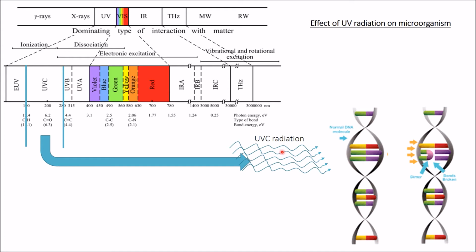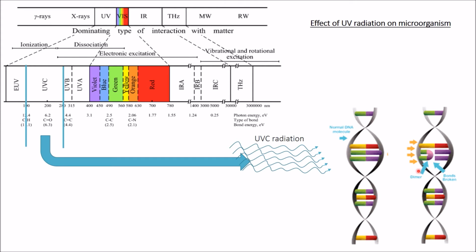If you look closely at this spectrum, UVC radiation has the property of both ionization and dissociation. It can ionize and dissociate the chemical bonds. So that's what happens here, and the DNA structure changes.